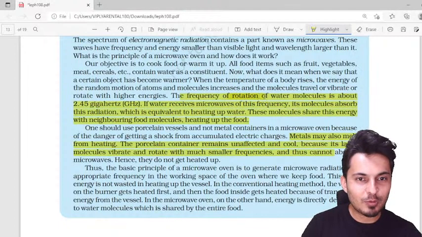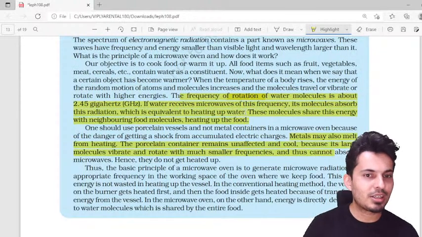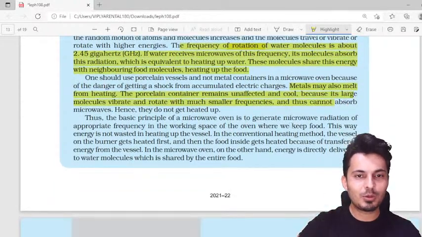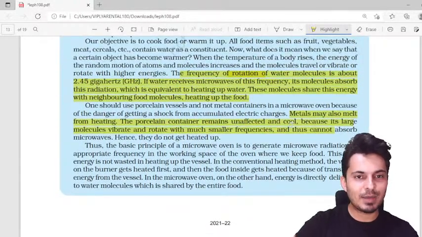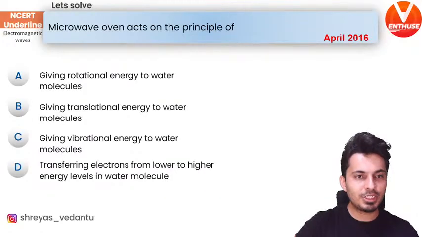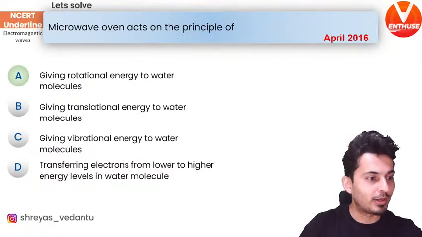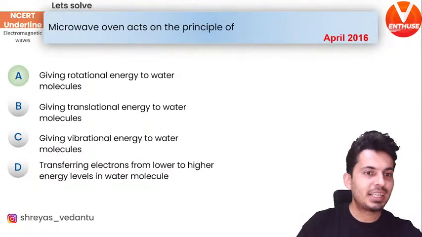Do you see that word rotation out there? It's clearly mentioned in that paragraph. So hence, my warriors, the correct answer to this question should be nothing but giving rotational energy to water molecules. Got it?